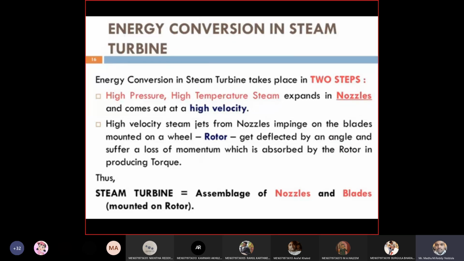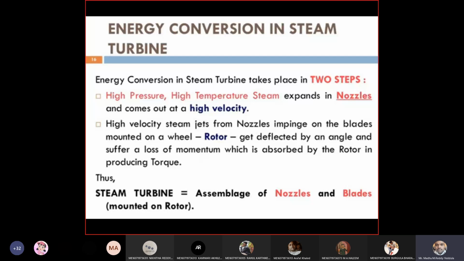In regeneration, we discussed two methods: open type feed water heater and closed type feed water heater. Now in this video, we discuss nozzle, types of nozzle, mass flow rate through the nozzle, and conditions for maximum mass flow through the nozzle.